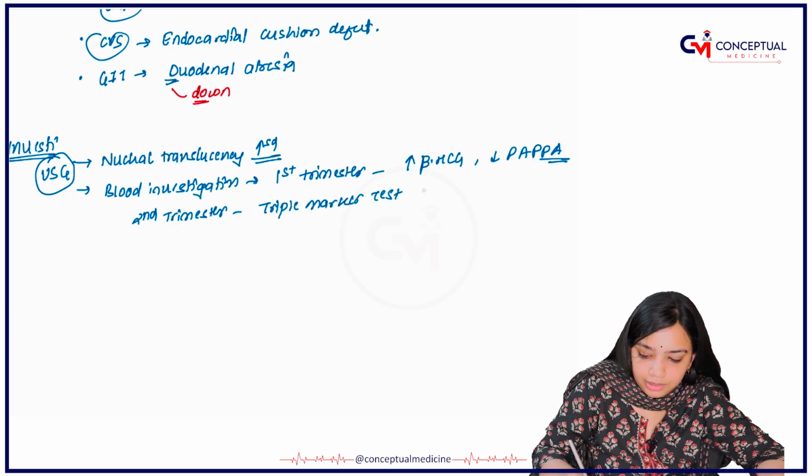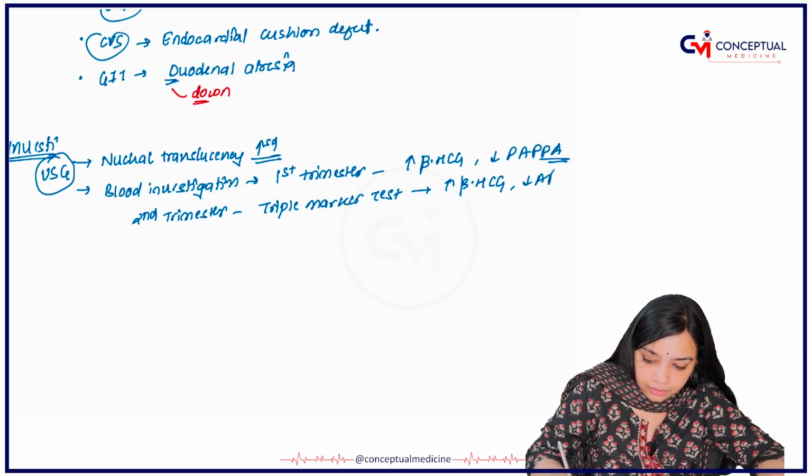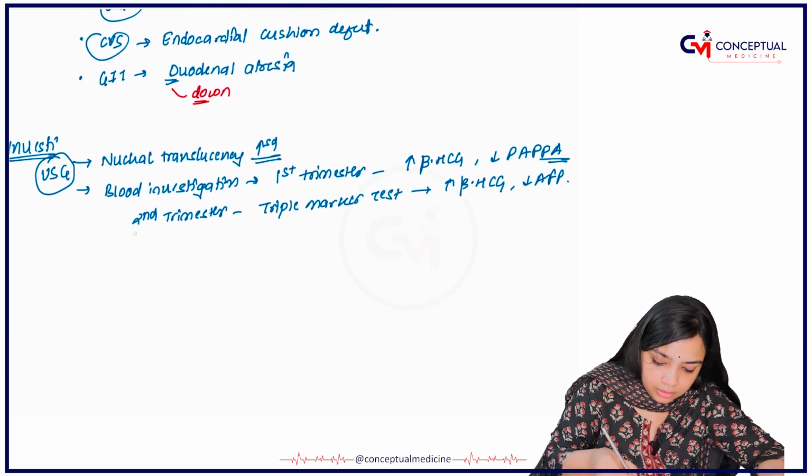In the triple marker test, what you will be able to see is increased beta HCG and decrease in the alpha fetoprotein. Then you will do the quadruple test.